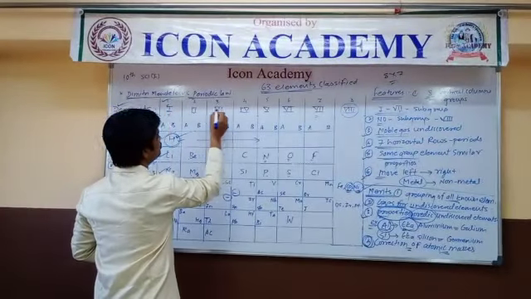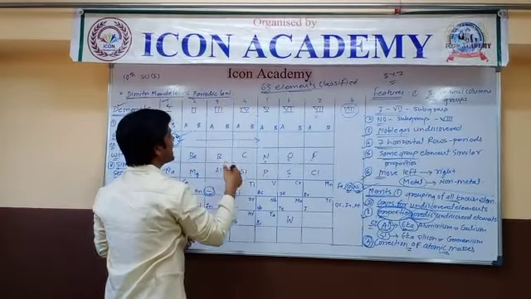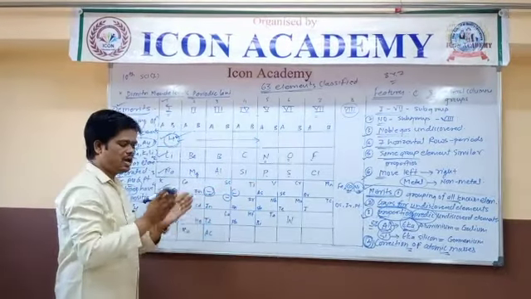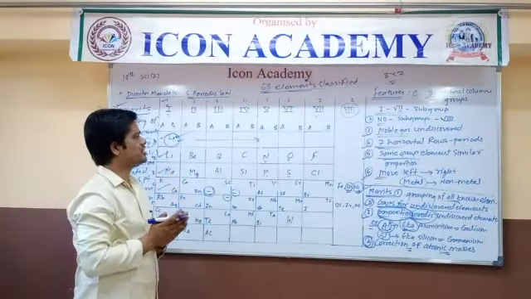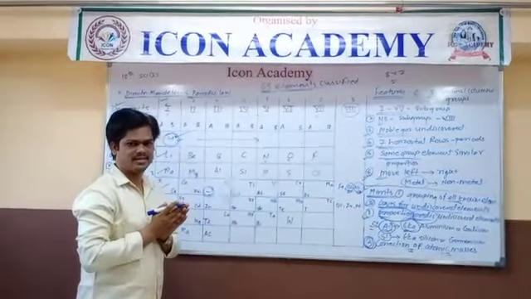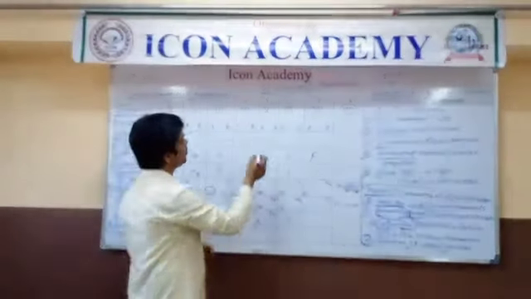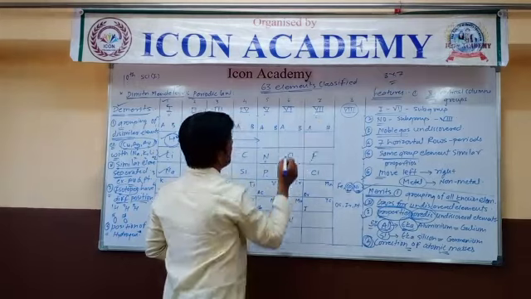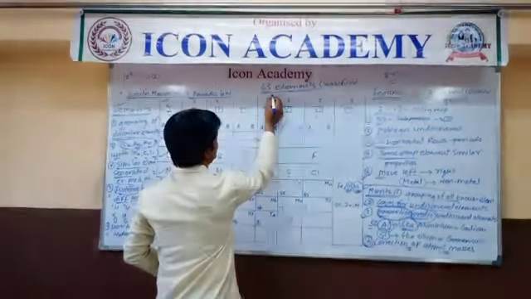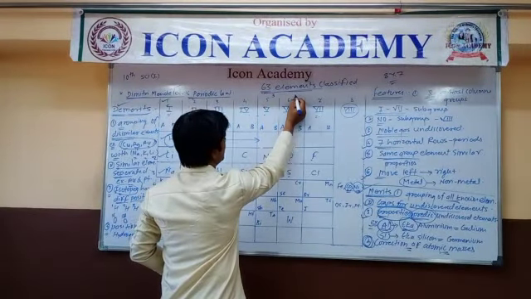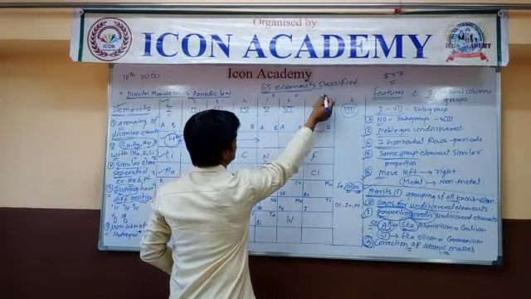When we go from first to fourth, the valency increases, from 1 to 4. The metals have the ideal characteristic of increasing valency, and when we go from 5 to 8, the valency decreases. Means one time the valency increases and the second time the valency decreases.